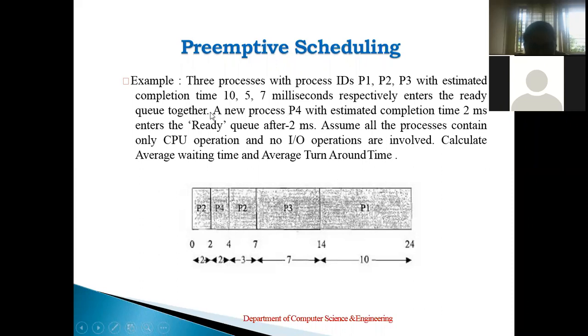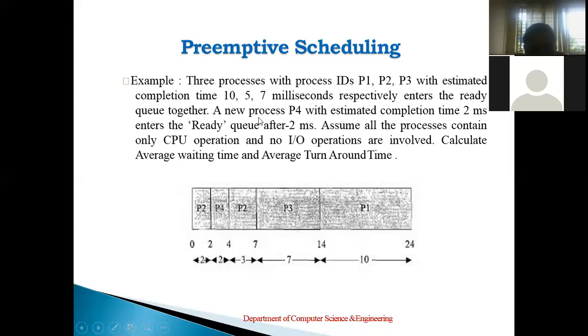Now what happens when it has started executing a process: a process with ID P4 has entered, and its execution time, right, completion time, is 2 milliseconds. It enters after 2 milliseconds. So already the scheduler has started executing the process P1.